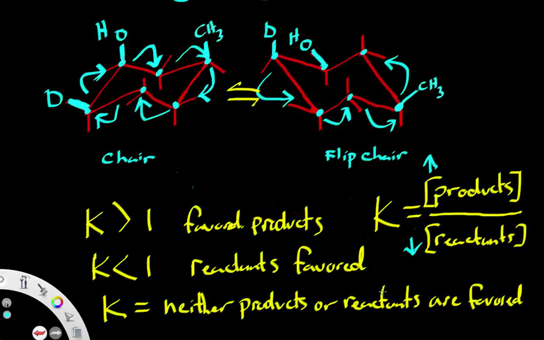And conversely, if we had a K value that was less than 1, now we need the opposite to be true. We need more reactants than we have in our products, and as a result, we will demonstrate a K value that is less than 1. So I just wanted to give that quick review on equilibrium.